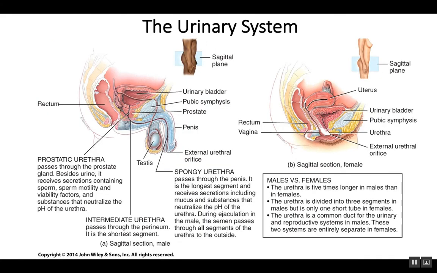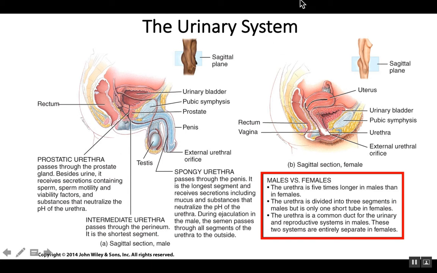The urethra is the tube that allows urine to pass from the bladder out of the body. These are a couple drawings we're going to look at a lot when we get to the reproductive systems. But for now, it's just to show you the difference in the urethra of a male compared to the urethra of a female. So the biggest difference is that the urethra in a male is much longer, and it's divided into 3 segments.